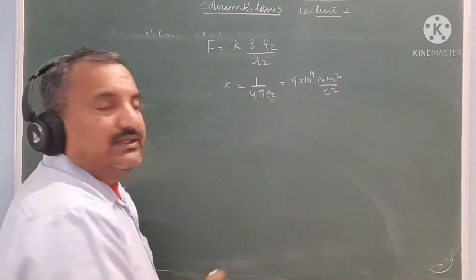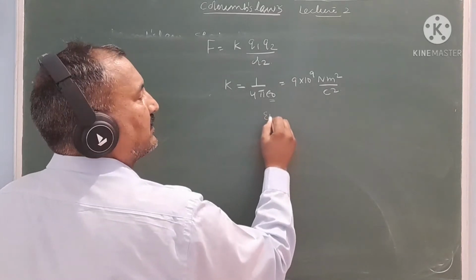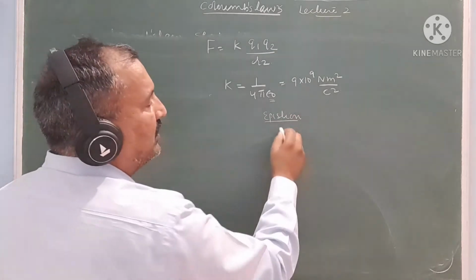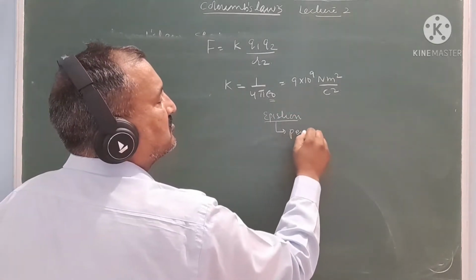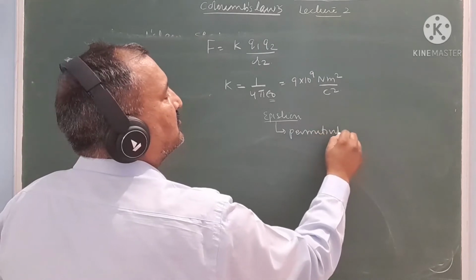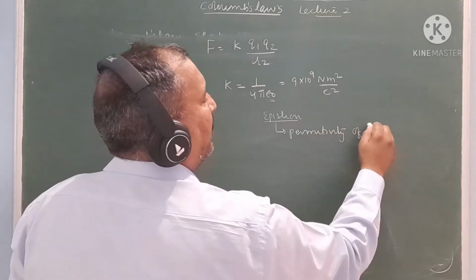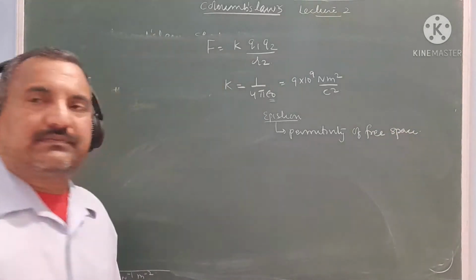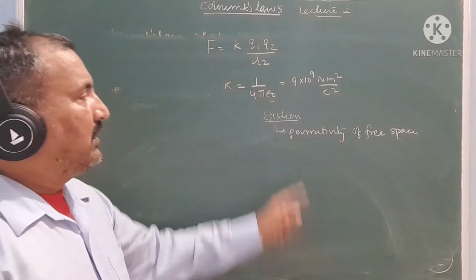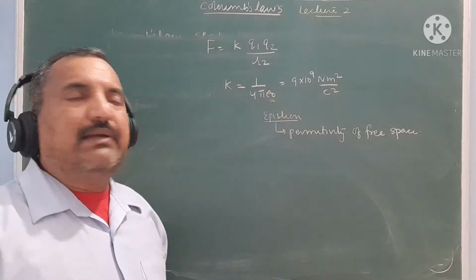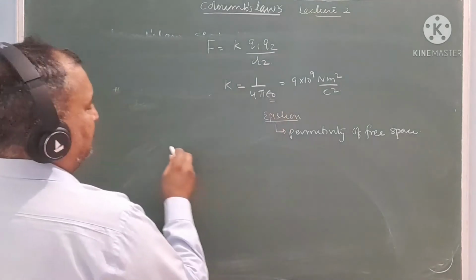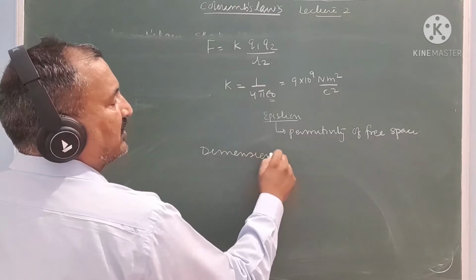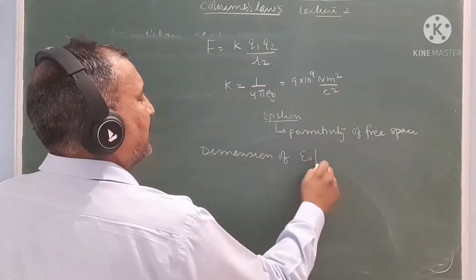This is epsilon 0, which is called permittivity of free space. Okay, we will find the dimension of this. Dimension of epsilon 0.